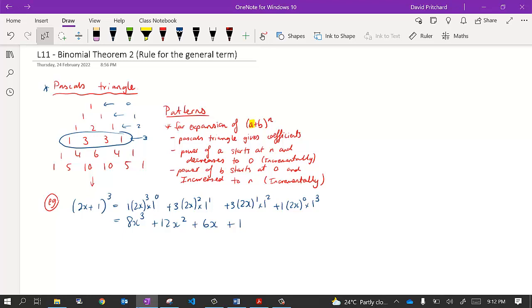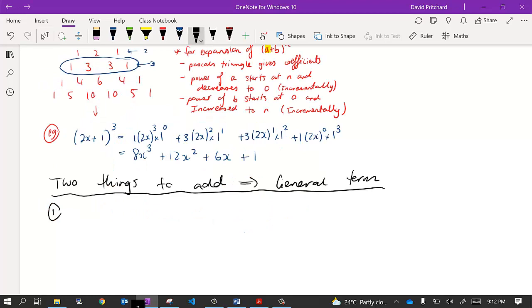Now the lesson today is simply about focusing on a general term. So there's two things that we're going to think about. The first thing that we'll have to do to determine a general term, and general term is just a fancy way of saying a rule to work out any term in an expansion. So the first thing is that we need to find a way to get the coefficients without having to look at the whole line.